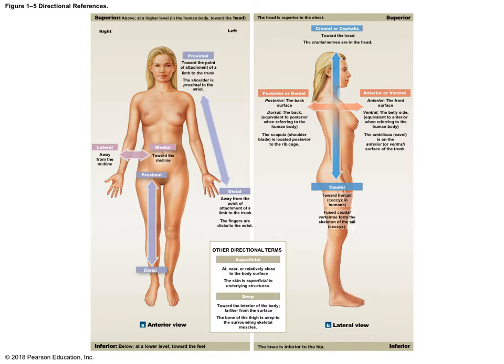And first of all, we'll see that there's a blue arrow showing cranial or cephalic down to caudal. So cranial or cephalic and caudal mean from the head to the tailbone. Any direction moving towards the tailbone is caudal, and anything moving towards the head is cranial or cephalic.